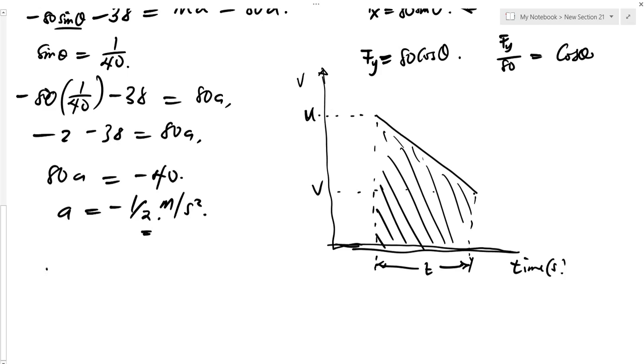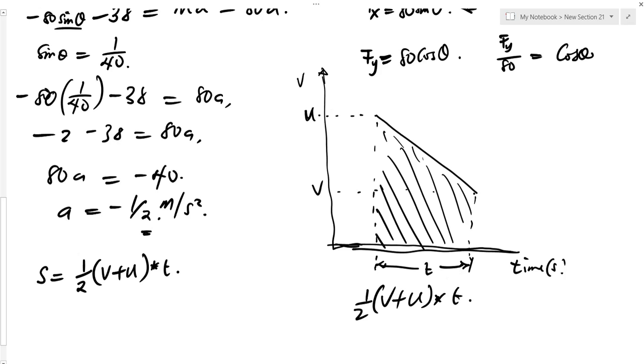So the distance, which is x, will be equal to half the average velocity times the time, which is like the height here. The area of a trapezium is half, bracket open, the sum of the parallel sides, which is v plus u, times the height, which is t.